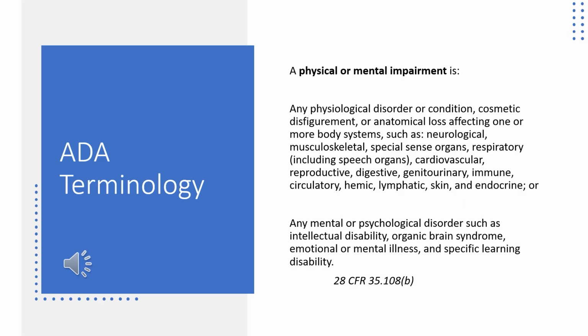A physical or mental impairment is any physiological disorder or condition, cosmetic disfigurement, or anatomical loss affecting one or more body systems. And there are a number of examples listed here. A mental impairment is any mental or psychological disorder, such as intellectual disability, organic brain syndrome, emotional or mental illness, and specific learning disability.